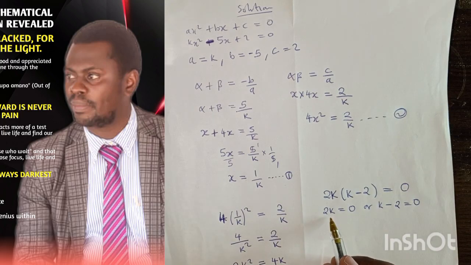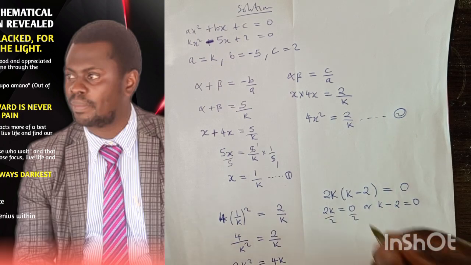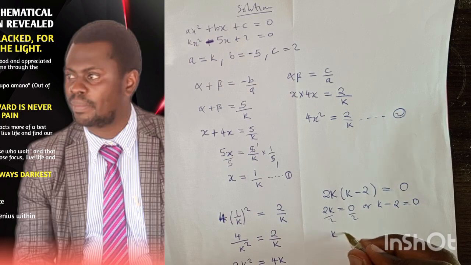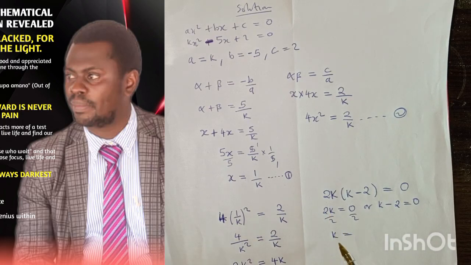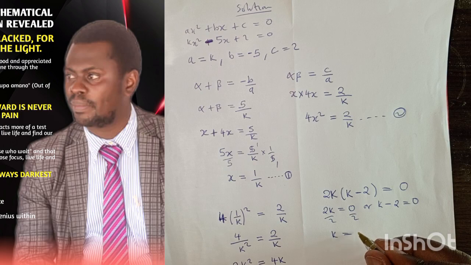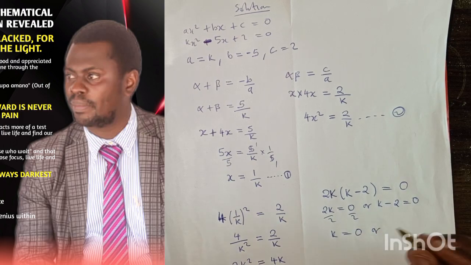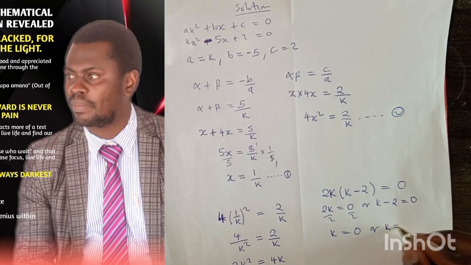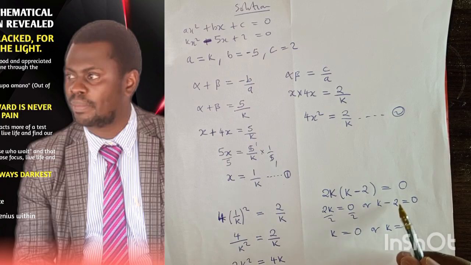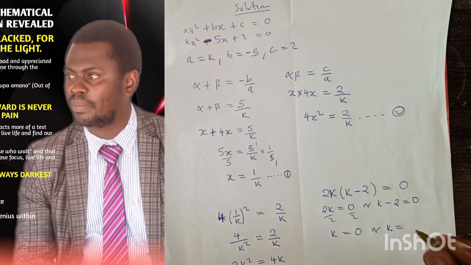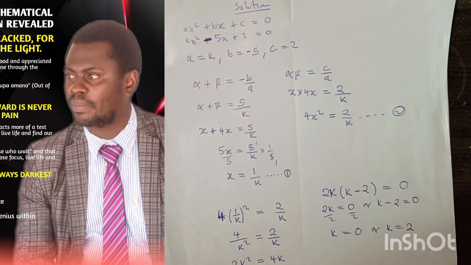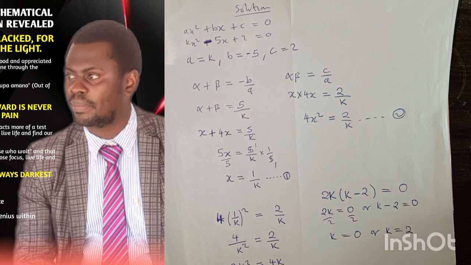Here we can just divide out 2, so k is equal to 0 divided by 2, you get 0, or k minus 2 is 0. To get rid of minus 2, you add 2 to both sides of the equation, so k is equal to 2. These are the possible solutions for k: k is equal to 0 or k is equal to 2.